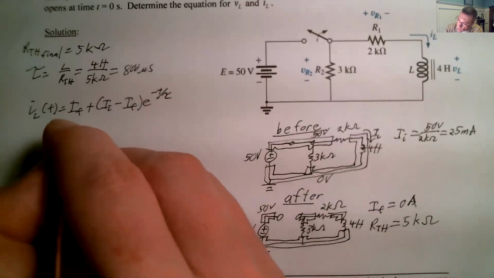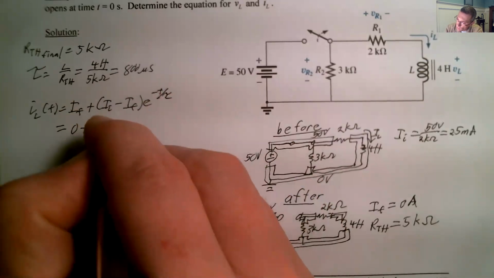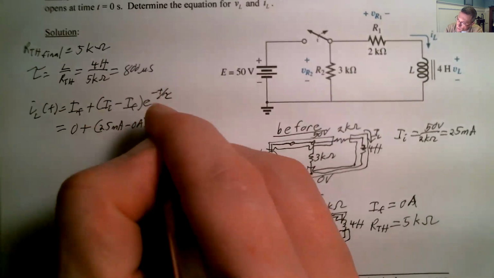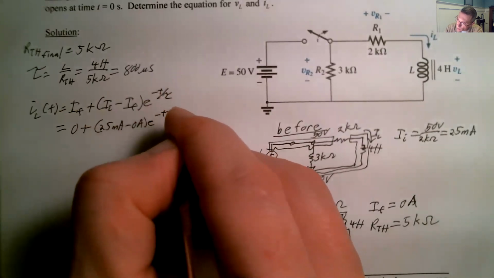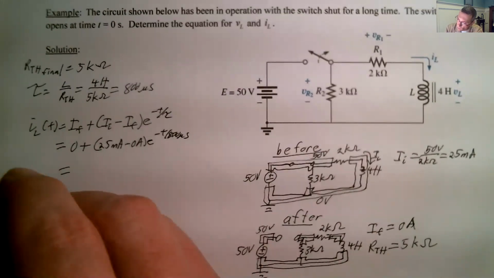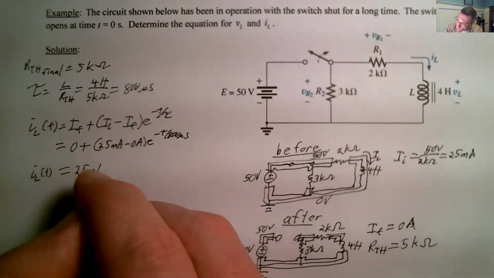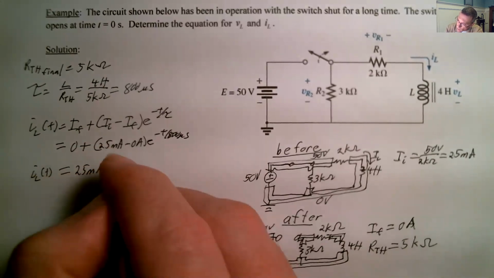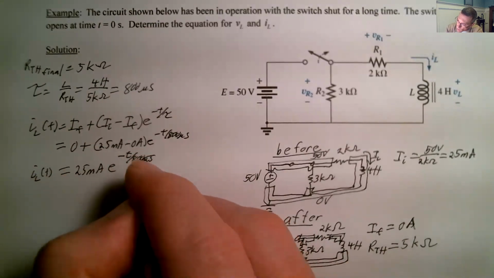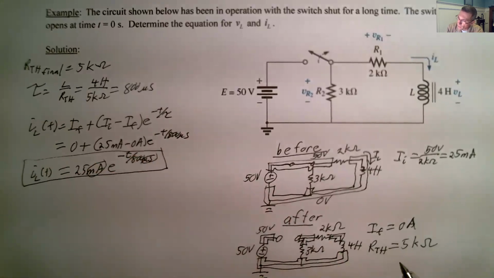So we've got 0 plus I initial, which is the 25 milliamps, minus 0 amps, e to the minus T over 800 microseconds. So it asks for IL of T. We've got IL of T is equal to 25 milliamps, e to the minus T over 800 microseconds. Make sure that you've got the units, and now you can box it, okay?